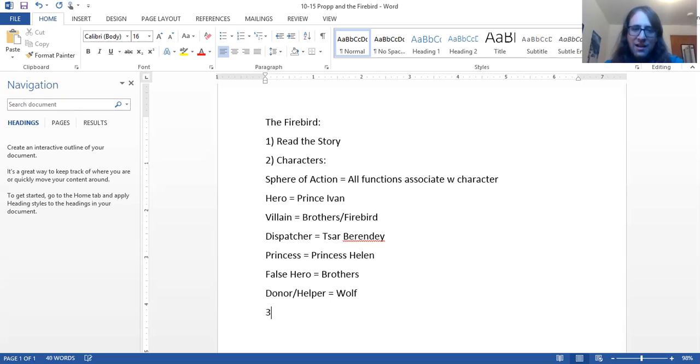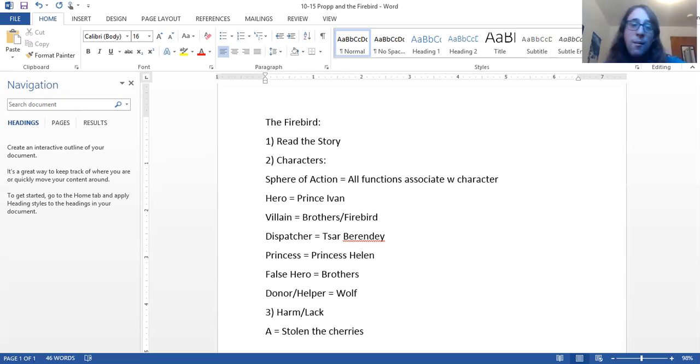Okay, so now let's identify the harm or the lack. And honestly, we could interpret it either way. If we want to say the Firebird is a villain, then it's a harm. So it would be capital A. What harm has the Firebird done? The Firebird has stolen the cherries from King Bear or Tsar Barandy's garden. And that causes some problems that Ivan needs to solve. And you'll notice it doesn't affect him super directly.